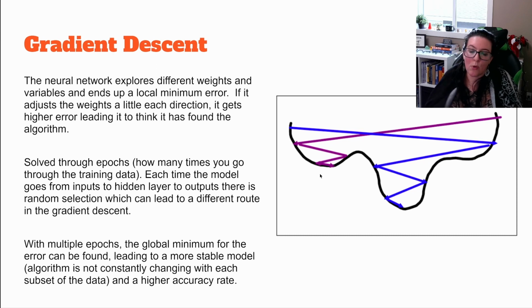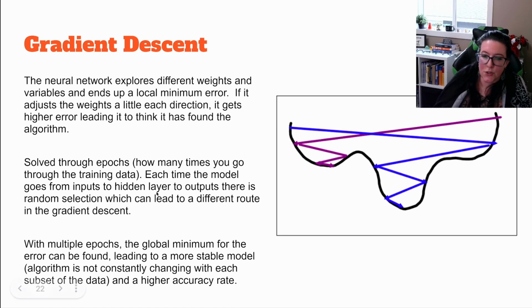So as we go through more times, we're able to go different routes and find the global minimum, making the accuracy much larger. It also makes your model more stable, because if you then run it again, it stops changing.